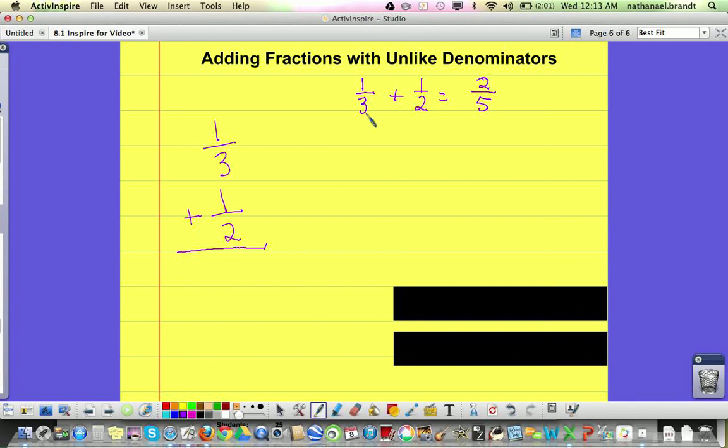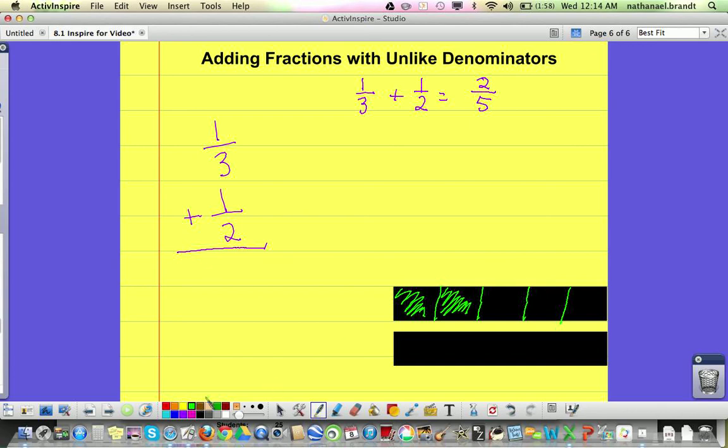So a common mistake is adding the numerators and then adding the denominators for 2/5. So 1/3 plus 1/2, the wrong way, the answer would be 2/5.